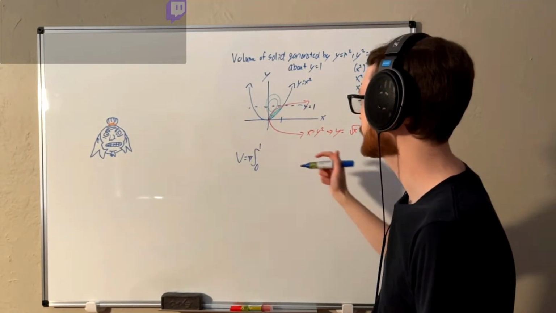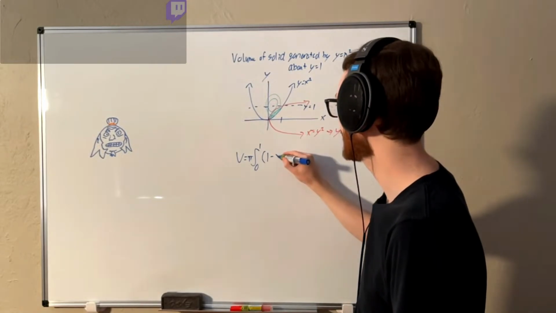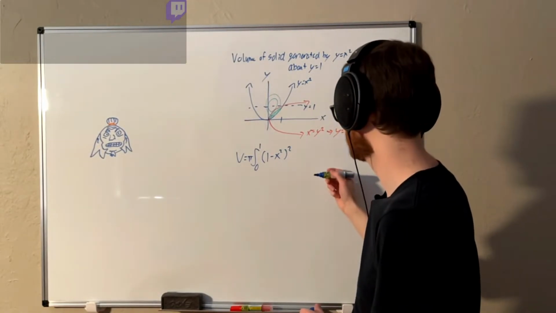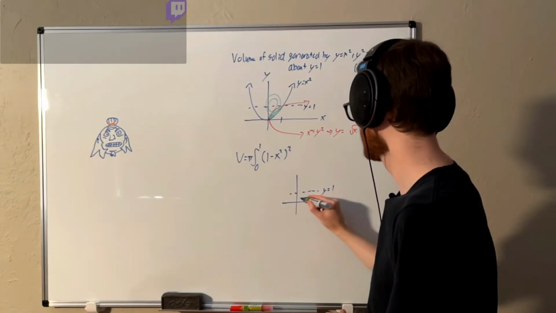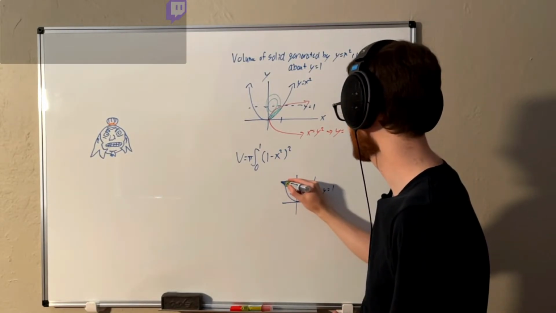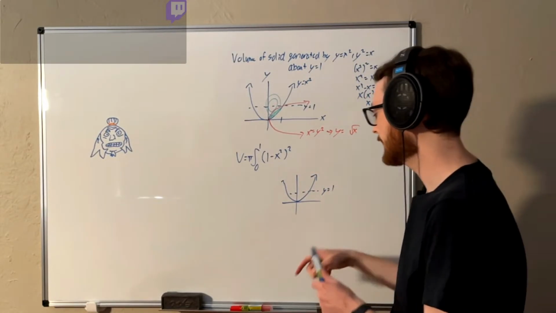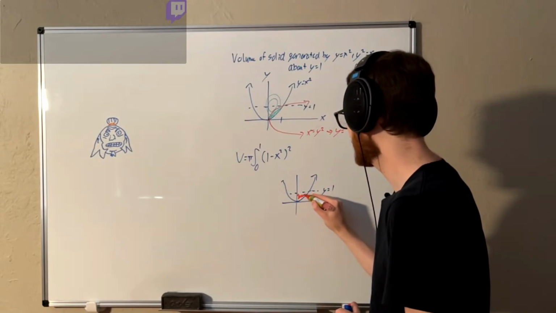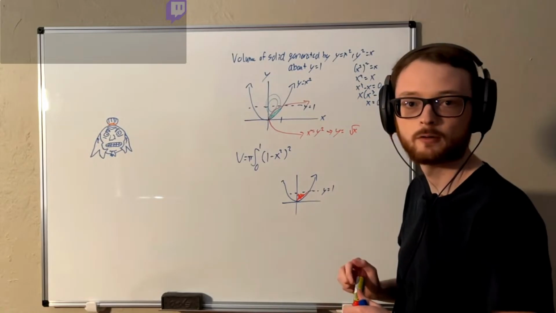And kind of the trick that you can just always do here is you take 1 and you subtract x squared, and that's your radius. Because if I boil it down to just this part of the parabola, 1 minus x squared corresponds with that area inside here, and that's the exact area that we want to rotate around.